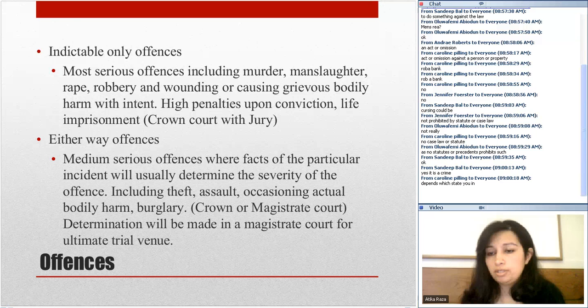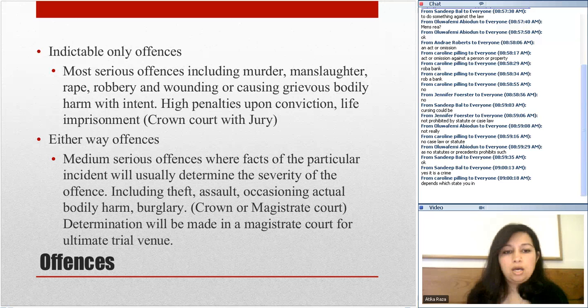You will read in torts as well, and in crimes, what assault is in detail, and theft. For example, occasioning actual bodily harm, just hurting somebody, which is not life-threatening, but somebody is bleeding, you just beat him. Burglary, burgling somebody's house, is also an either way offense. They deal with these kinds of offenses in either a Crown Court or a magistrate court.